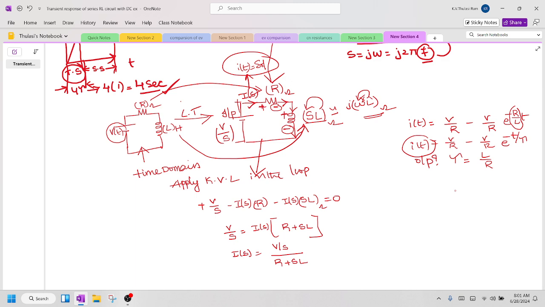Here I want to make this coefficient as 1. To make the coefficient 1, take L as common.